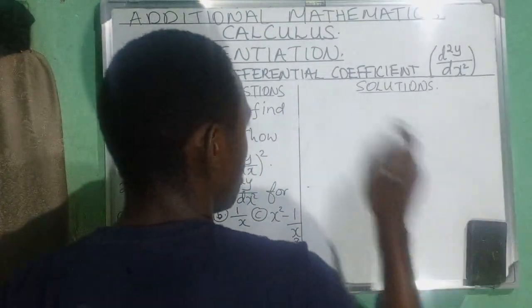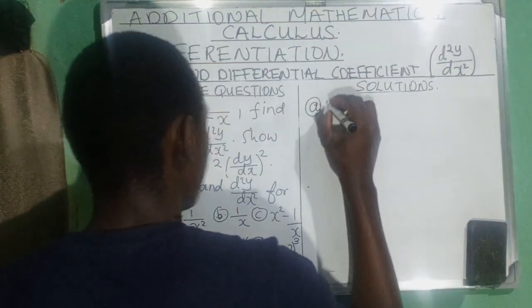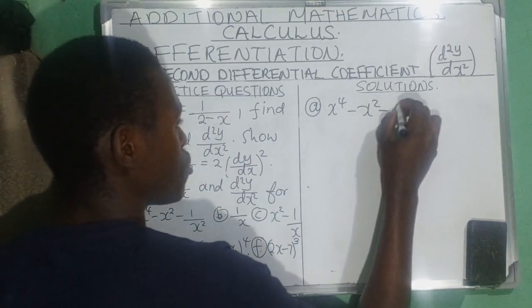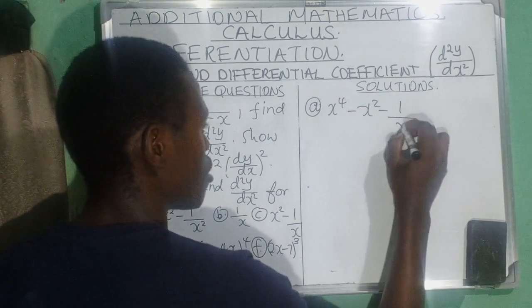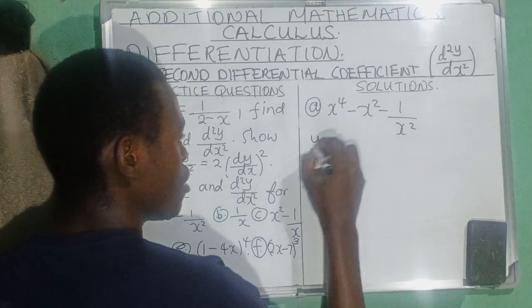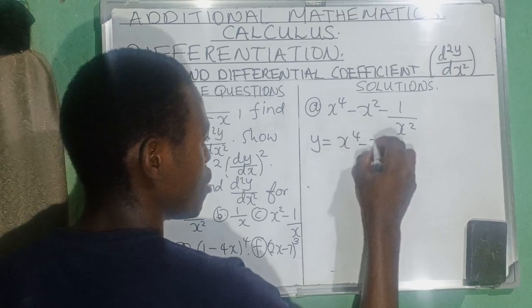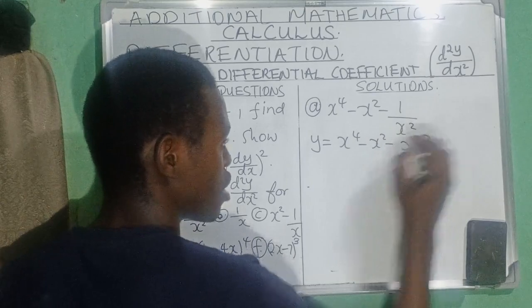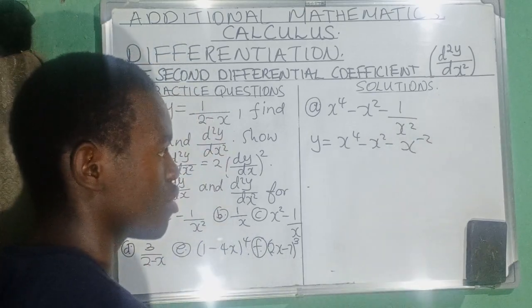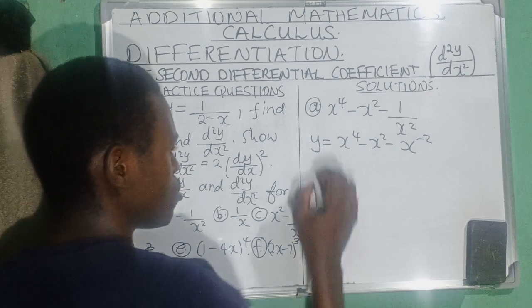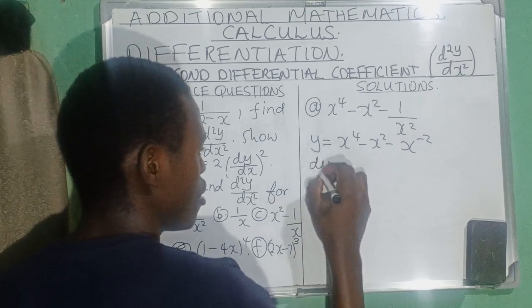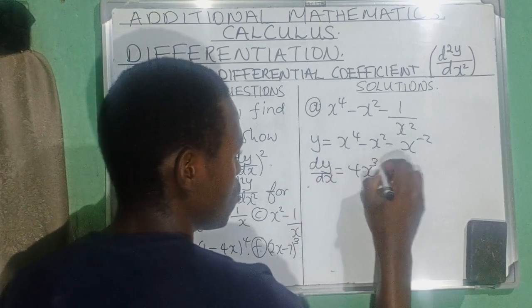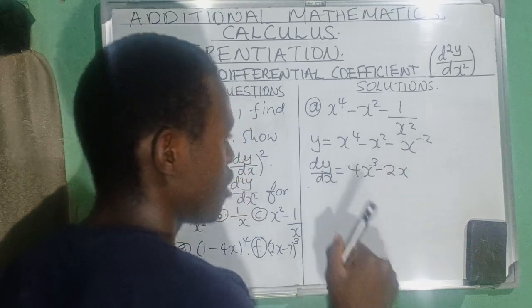So for question A, we have x to the power 4 minus x squared minus 1 over x squared. So say y is equal to x to the power 4 minus x squared minus x. If we take this x squared up, it's going to have a negative exponent, minus x to the power negative 2. So to differentiate, we'll say dy/dx is equal to 4x to the power 3 minus 2x, like that.